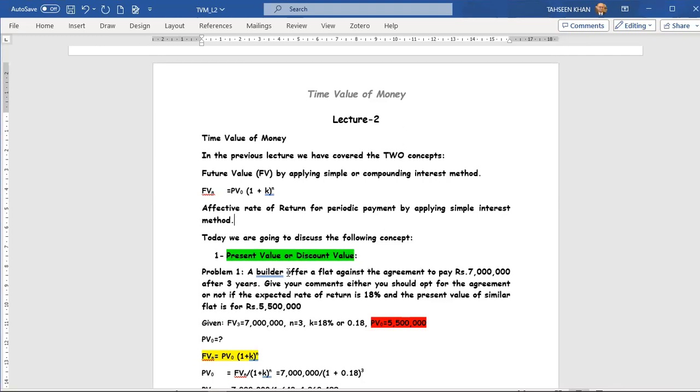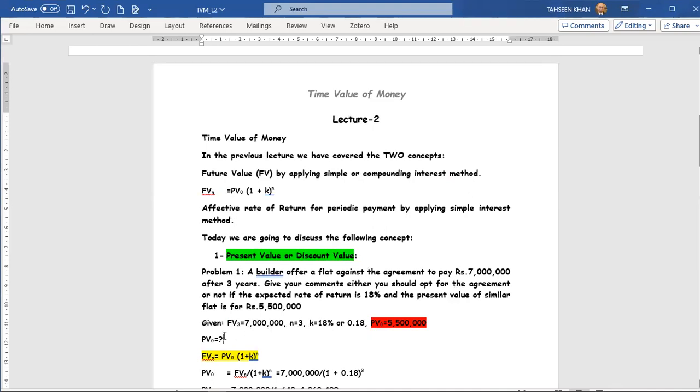Give your comment on whether you should opt for the agreement or not if the expected rate of return is 18% and the present value of a similar flat is 5,500,000. What is given in this question is the future value after 3 years, that is equal to 7 million. The term is 3 years and the rate is 18%.